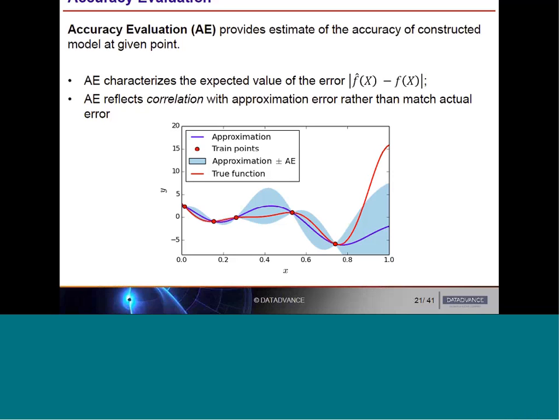In some sense, it's a local measure of uncertainty of the prediction obtained by the surrogate model. Accuracy evaluation characterizes the expected value of the error of approximation, and you may use this expected value in order to construct confidence intervals for your prediction.